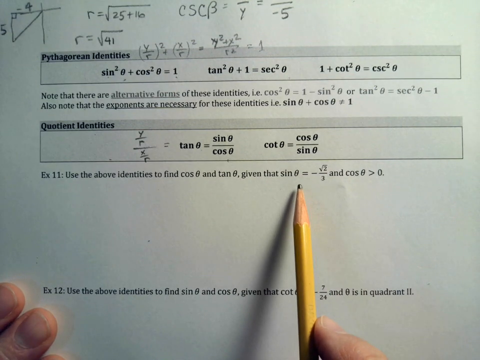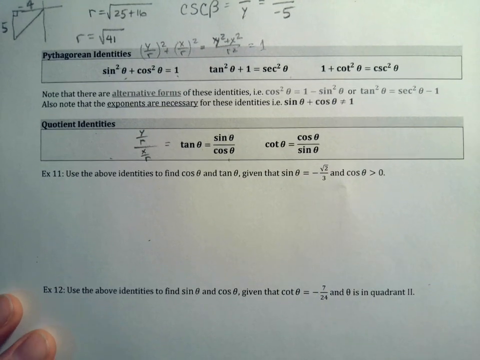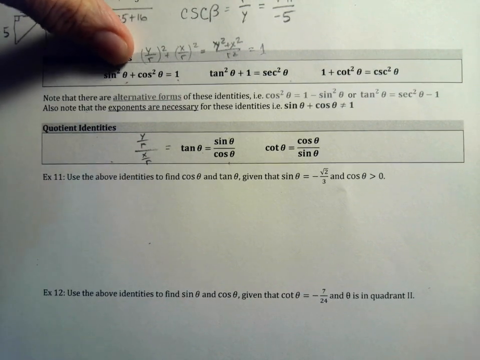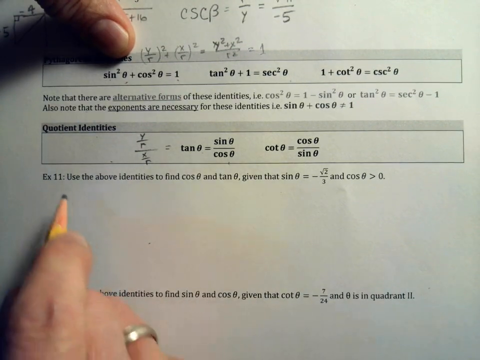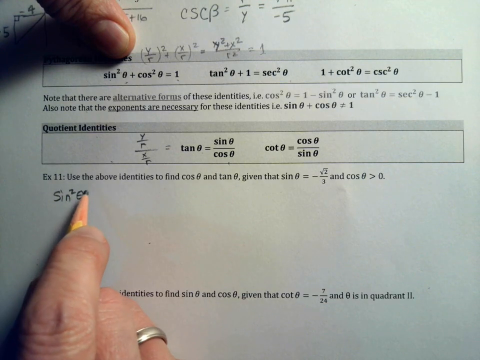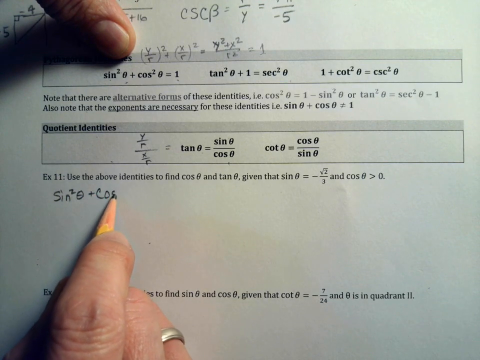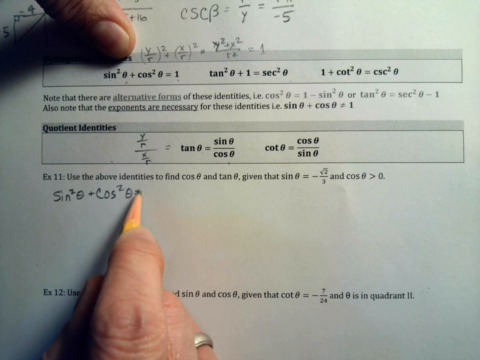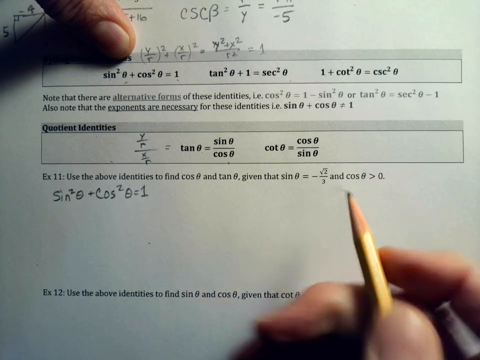So for sine theta, we could use this first identity, right? We'll use sine squared theta plus cosine squared theta is equal to 1. And so let's plug in what we know.